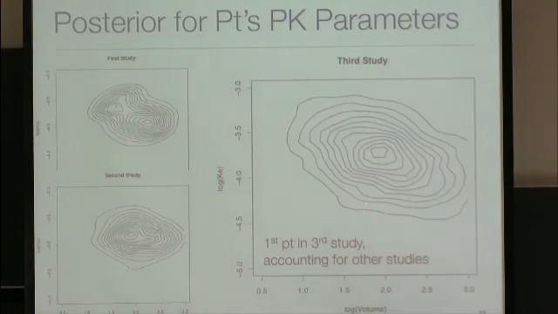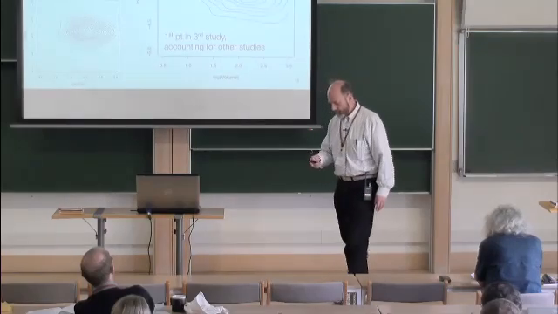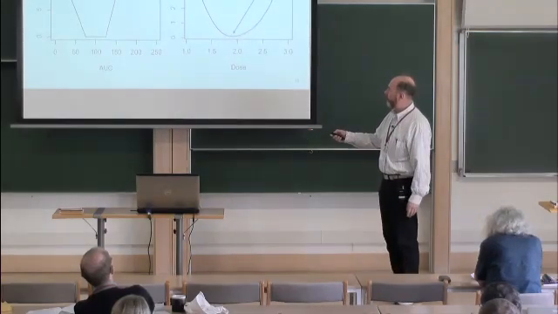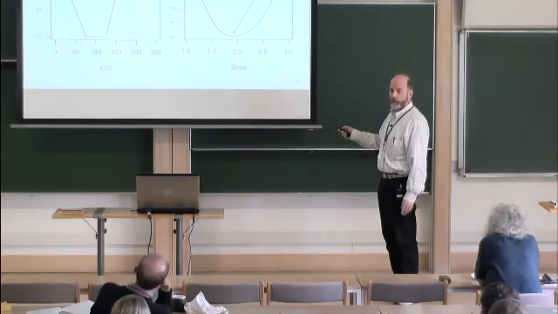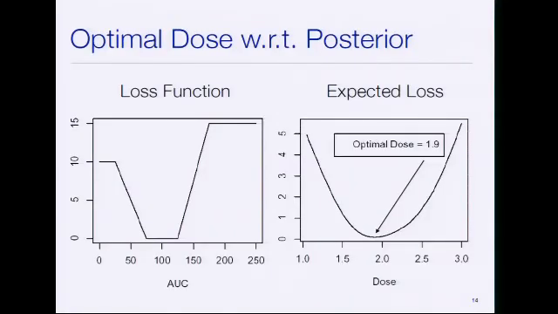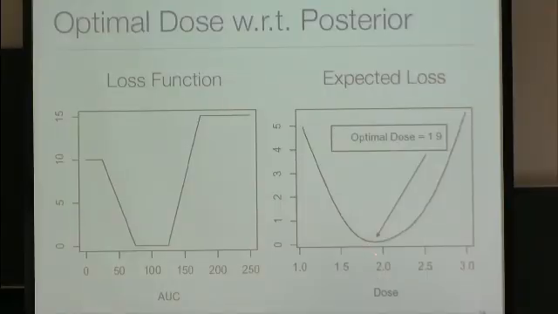We might have some information for a given patient, the next patient that we're going to treat, and then we can incorporate that patient's uncertainty with the loss function, integrate that, and determine for that patient that this dose would be the optimal one in that it minimizes the loss. It's the one that's going to be the most likely to get the patient within the target AUC.